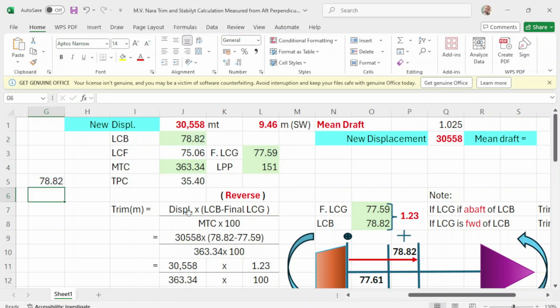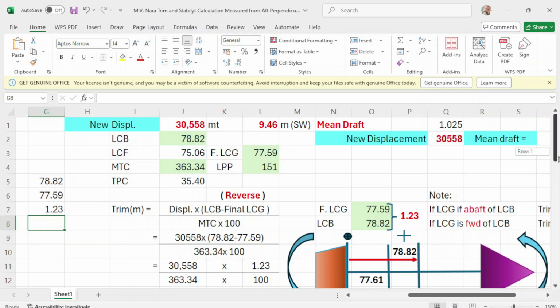Okay, and your final LCG is 77.59. There. And you get the difference: LCB minus your final LCG is 1.23.